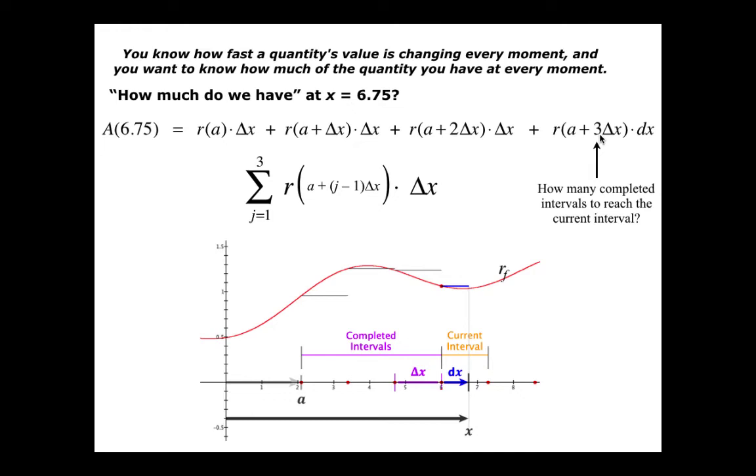This is the 4th interval, but it's not complete. Because if I wanted to express it with j sort of things, it'd be j minus 1. This is in the 4th interval, but just notice this also means there are 3 complete intervals to the left of that, which is actually useful. Because sometimes you don't want to count them up, but it's the same, however many full intervals you have, that's how many delta x's would be added onto a to get to the beginning of this partial interval, this current or incomplete interval.